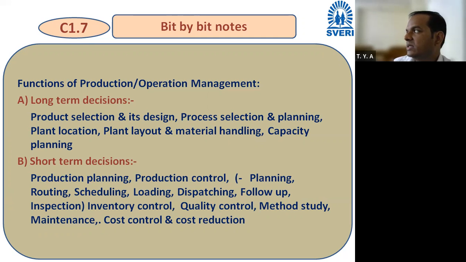You can write one below the other and give numbers. I have just put commas on the slide. Second long term decision, process selection and planning. Third, plant location.